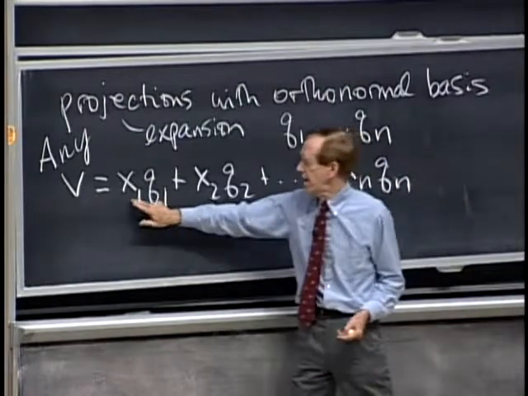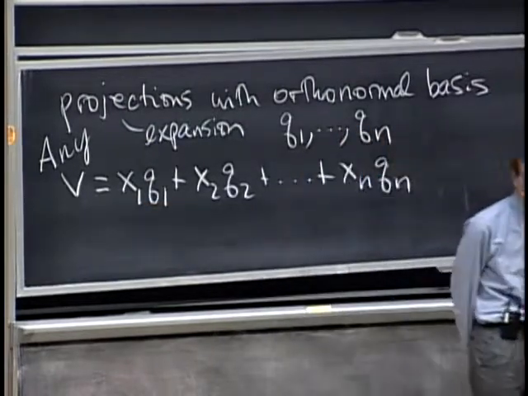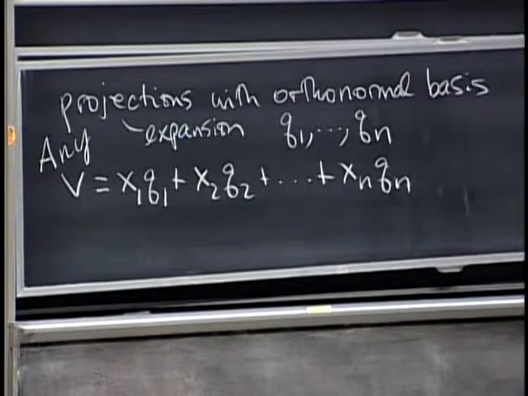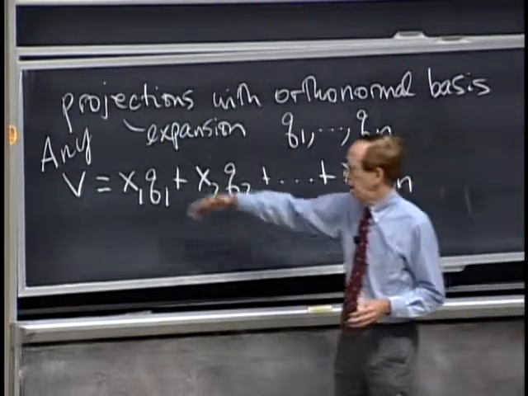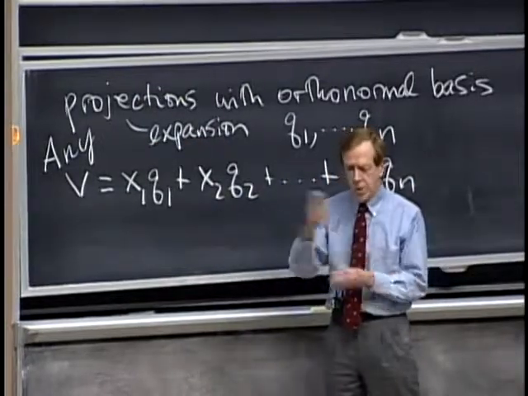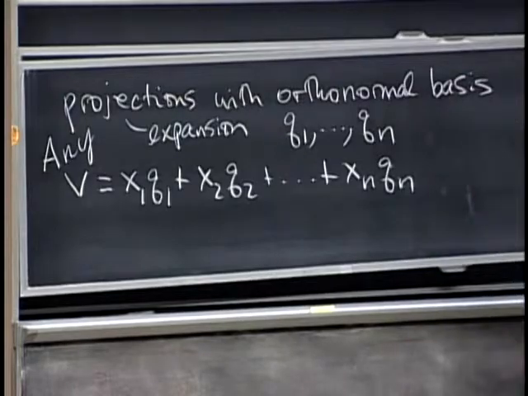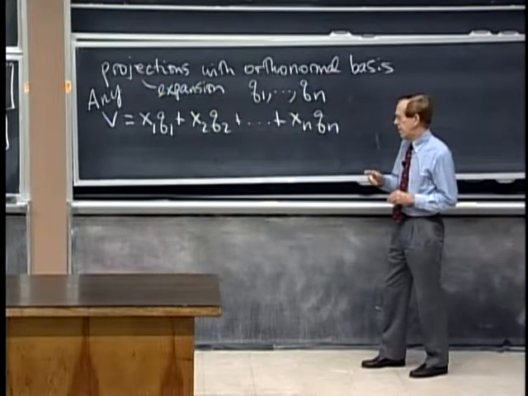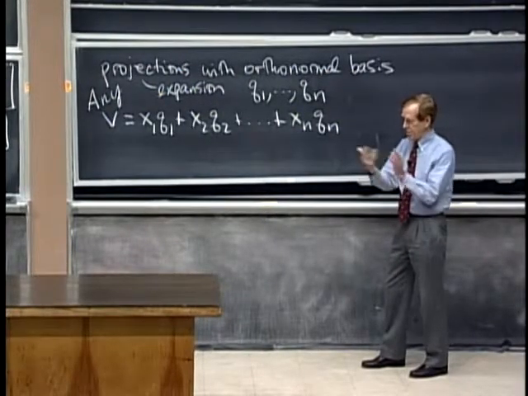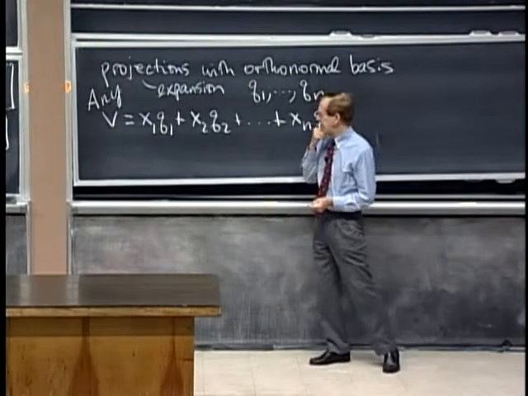So how do I get x1? What's a formula for x1? I can go through the projection, the Q transpose Q, all that normal equations, and I'll come out with this nice answer that I think I can see right away.